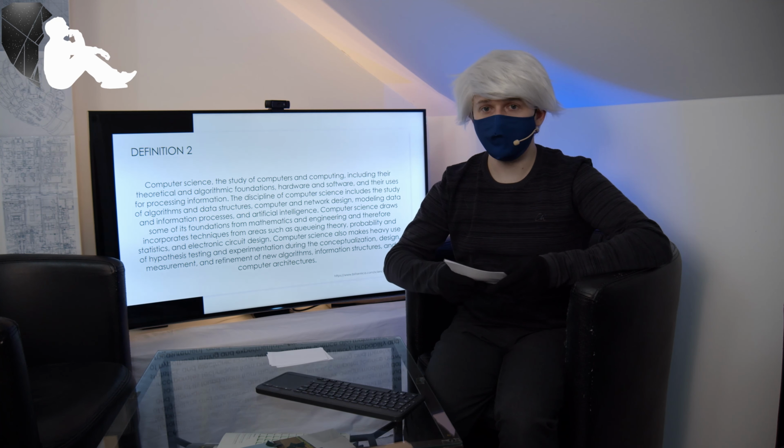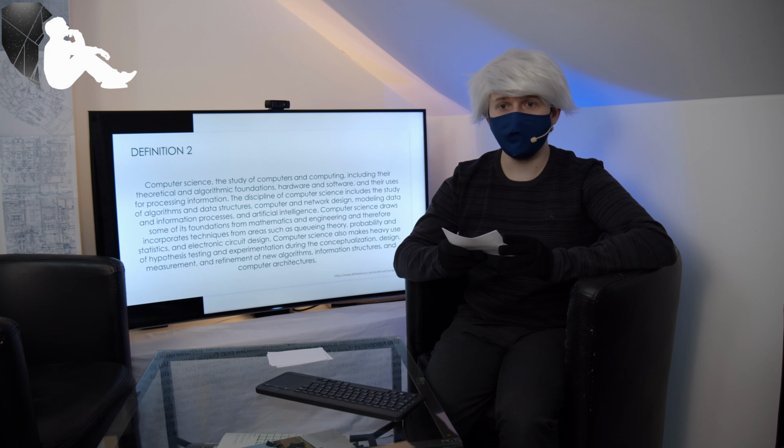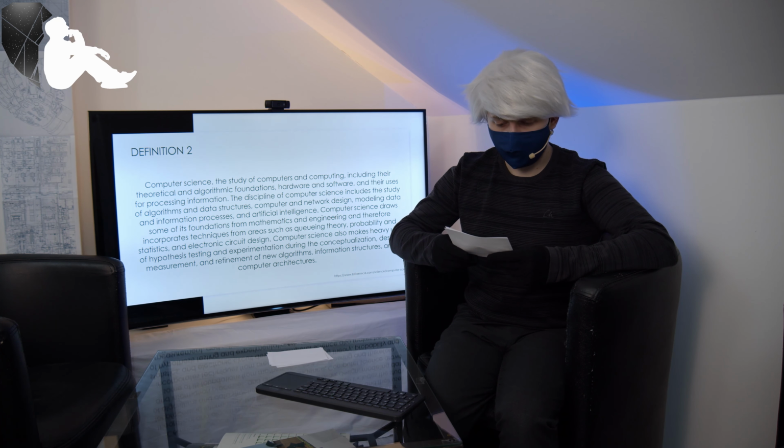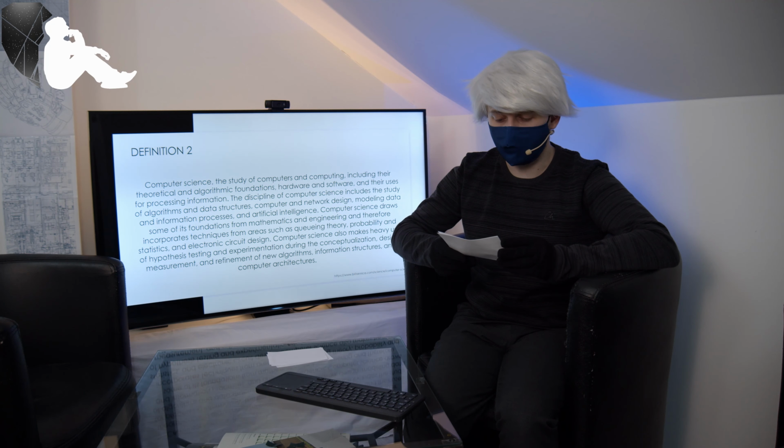The second definition here is even more complicated to read, but let's try it. Computer science, the study of computers and computing, including their theoretical and algorithmic foundations, hardware and software, and their uses for processing information. The discipline of computer science includes the study of algorithms and data structures, computer and network design, modeling data and information processors, and artificial intelligence.